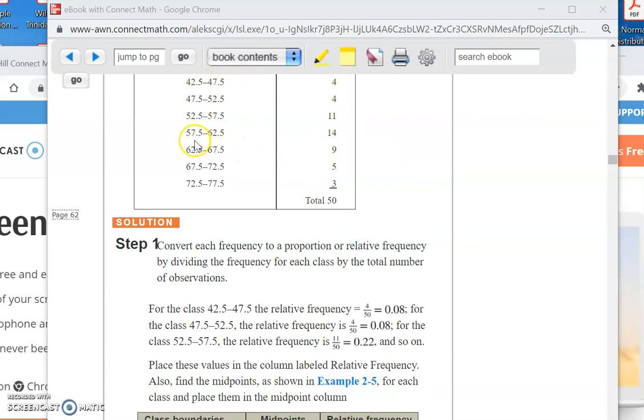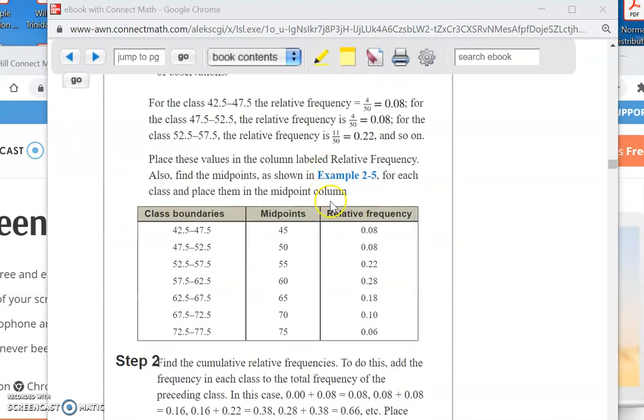Pick another one, 57.5 to 62.5. You have 14 of these, so 14 out of the 50. It's good that he picked 50 as the total, because now we can do the arithmetic very easily. 14 over 50 is the same as 28 over 100, so that's 28%. That's why down here we've got 28%.